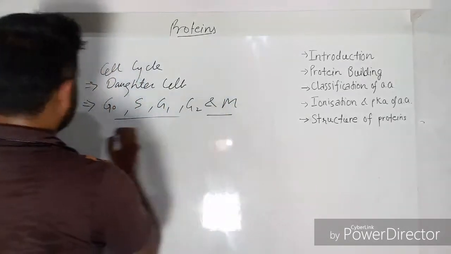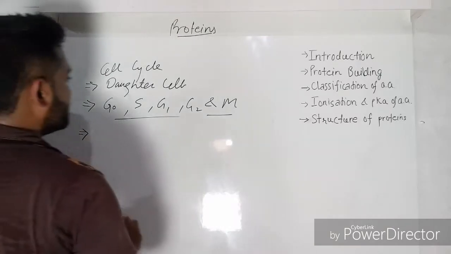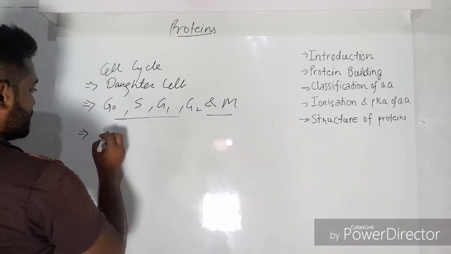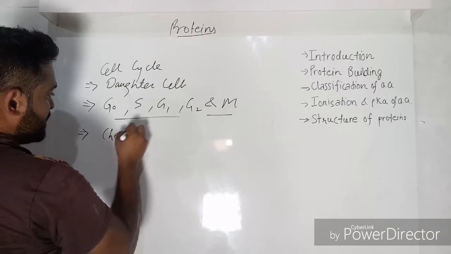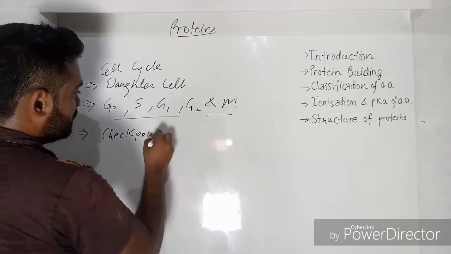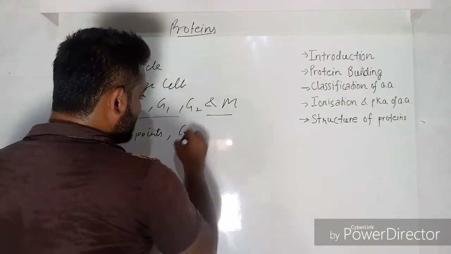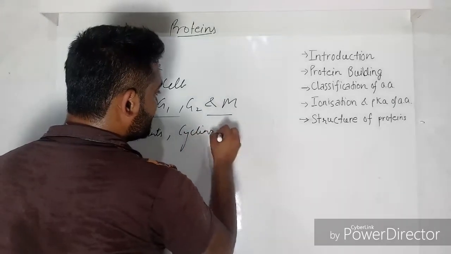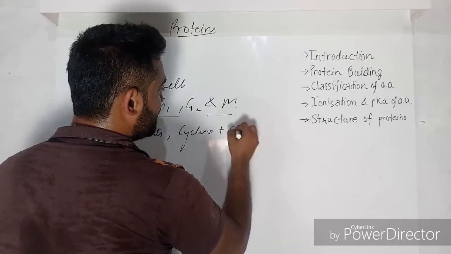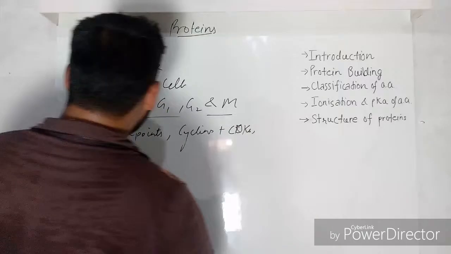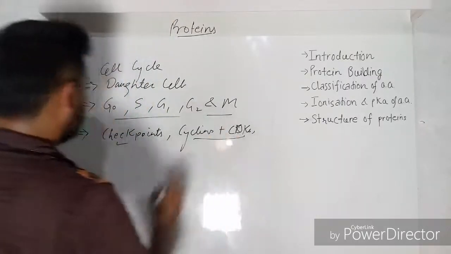These phases are regulated by regulating machinery which is known as checkpoints. Also there are cyclins plus cyclin dependent kinases. These are nothing but proteins.